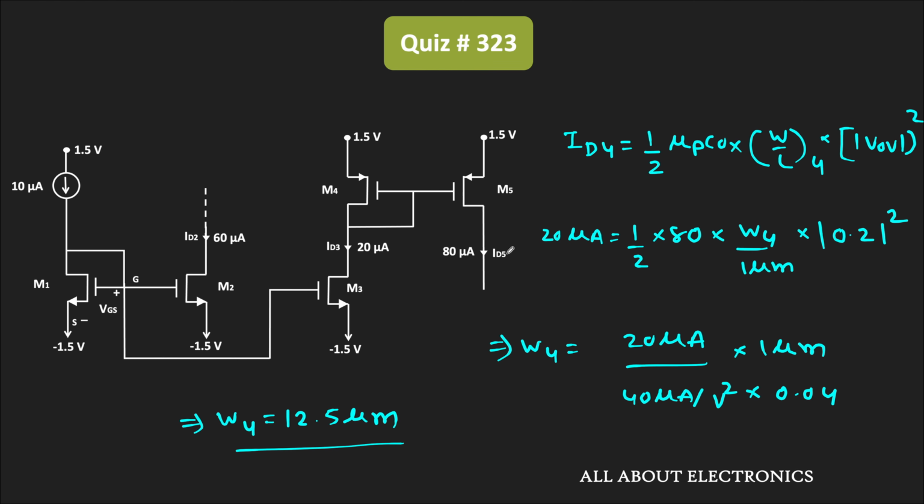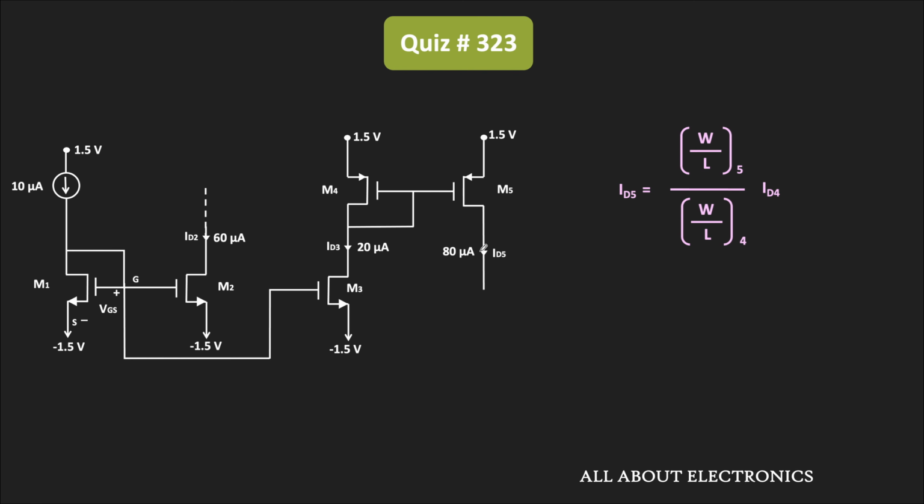And now using the current mirror formula we can easily find the width of this M5. So the drain current of this M5 can be given as W by L ratio of this 5th transistor divided by W by L ratio of this M4 times ID4. Or we can say that this ID5 is equal to W5 divided by W4 times ID4.